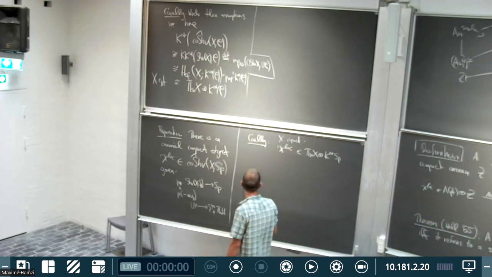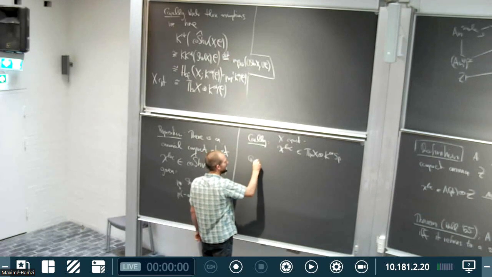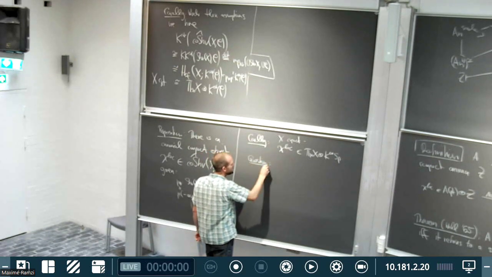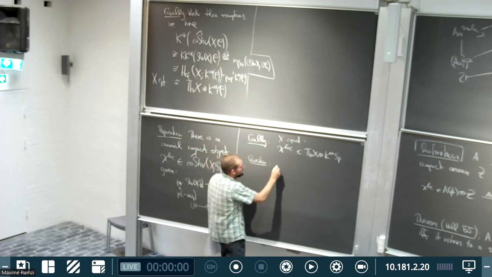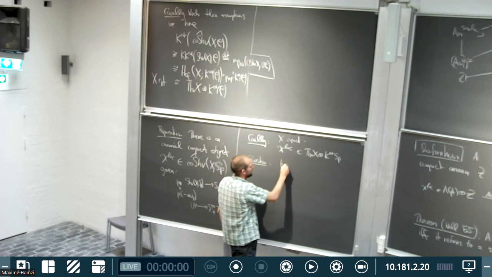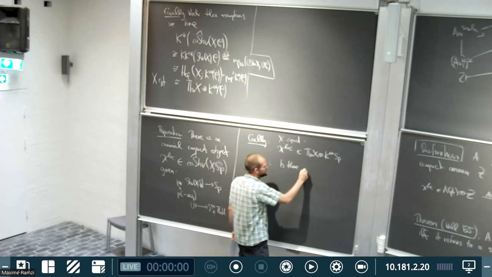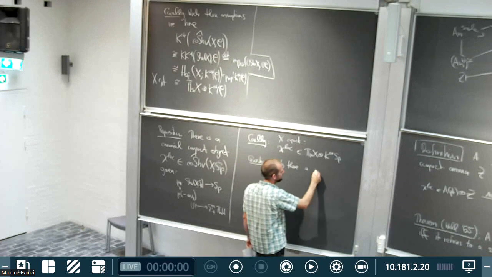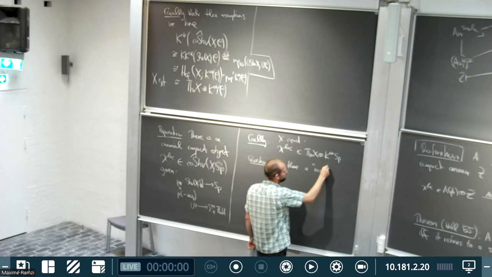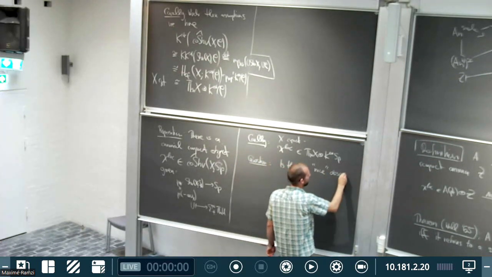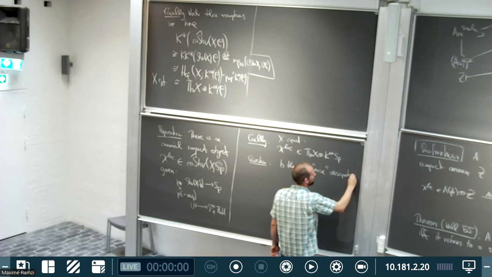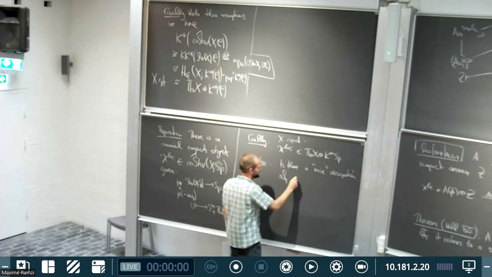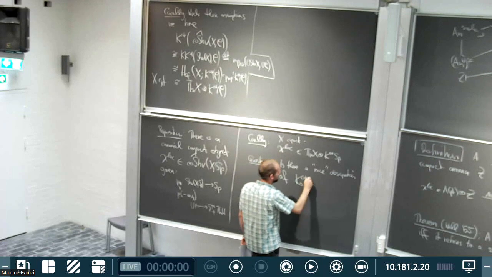Maybe I should ask this as a question, maybe potentially Sasha has an answer: is there a good, useful description, a nice description, whatever this means, of K naught continuous of any category?